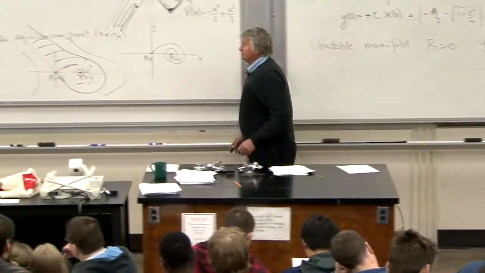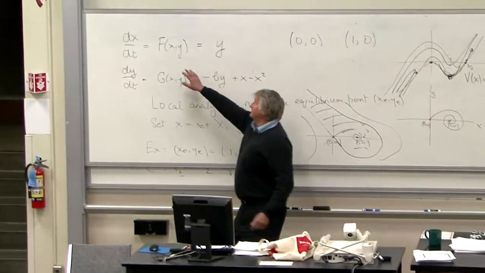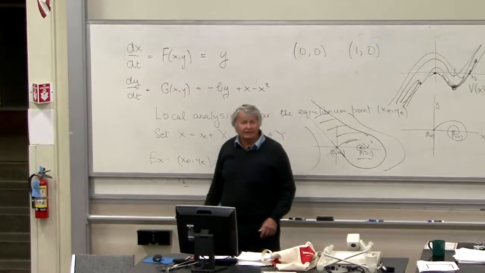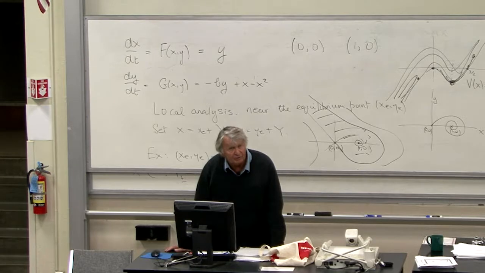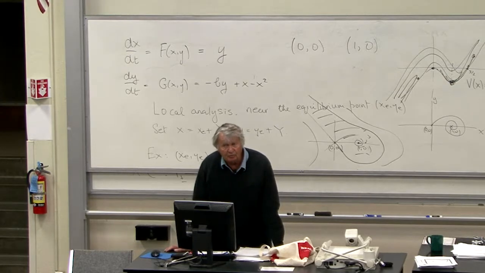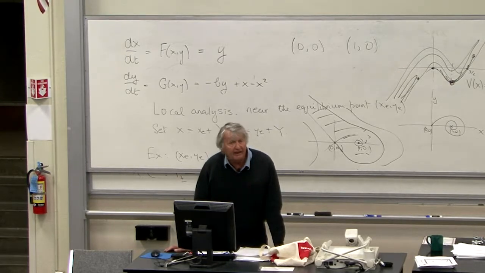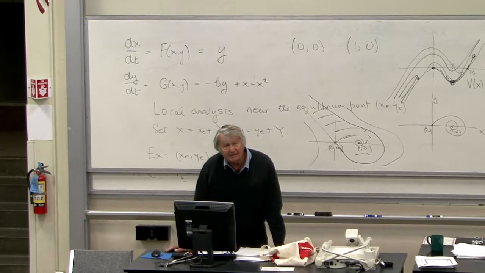We're assuming that this is analytic near the equilibrium points, that you can write a Taylor series. So we're not going to allow 1 over x, or things like that.